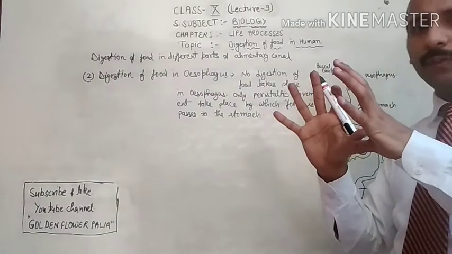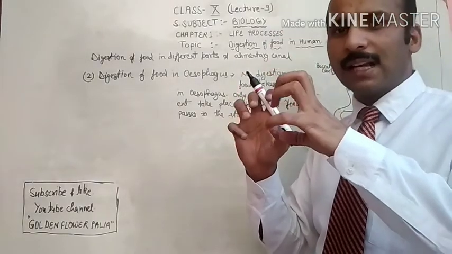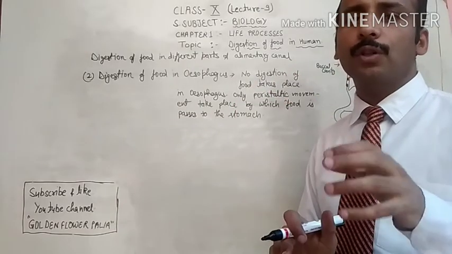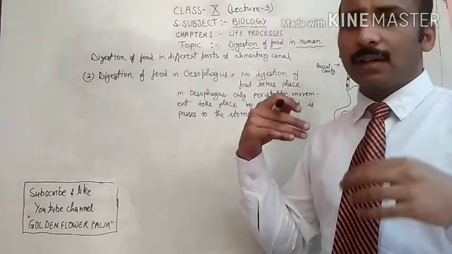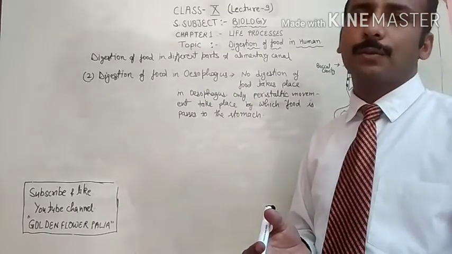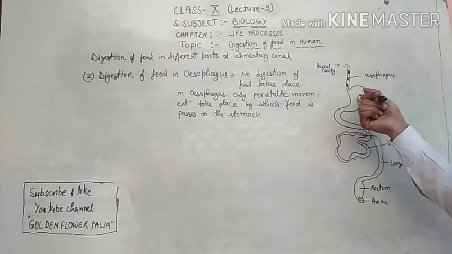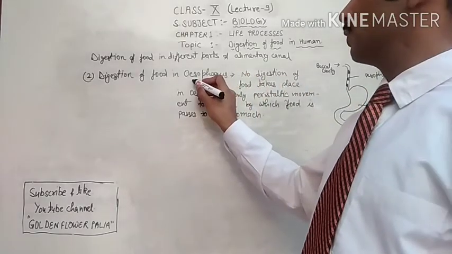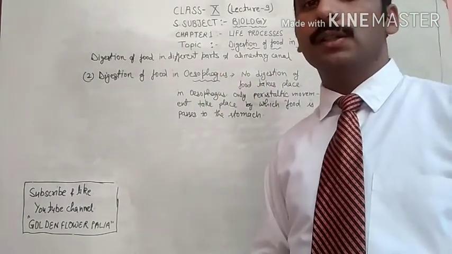Means when the esophagus will contract and relax, then the food or bolus is transferred. The food is transferred from esophagus to the stomach. So it means in esophagus no digestion of food takes place.